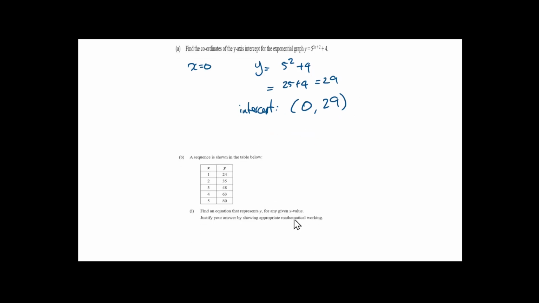So y is going to be equal to 5 to the power of 3 times 0, which is 0, plus 2, plus 4. 5 squared is 25, plus 4 is 29. So the intercept is going to be at 0, 29. So far, so good.